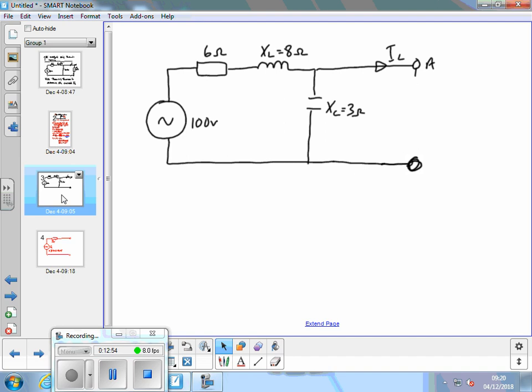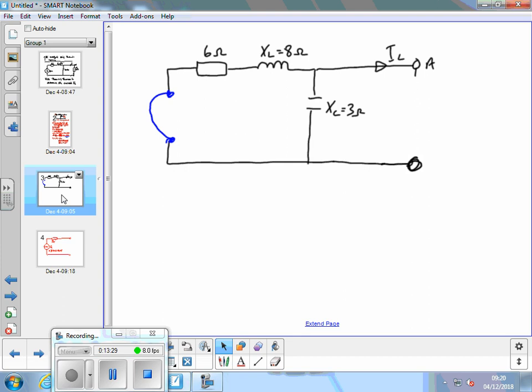Yeah, we remove the voltage source. And why is it a short circuit, Nathan? It's the impedance of an ideal voltage source. Yeah. So if that was a current source, what would we replace it with, or what would we leave it as? Open circuit, because an ideal current source has infinite resistance, or impedance, I should say in this case.